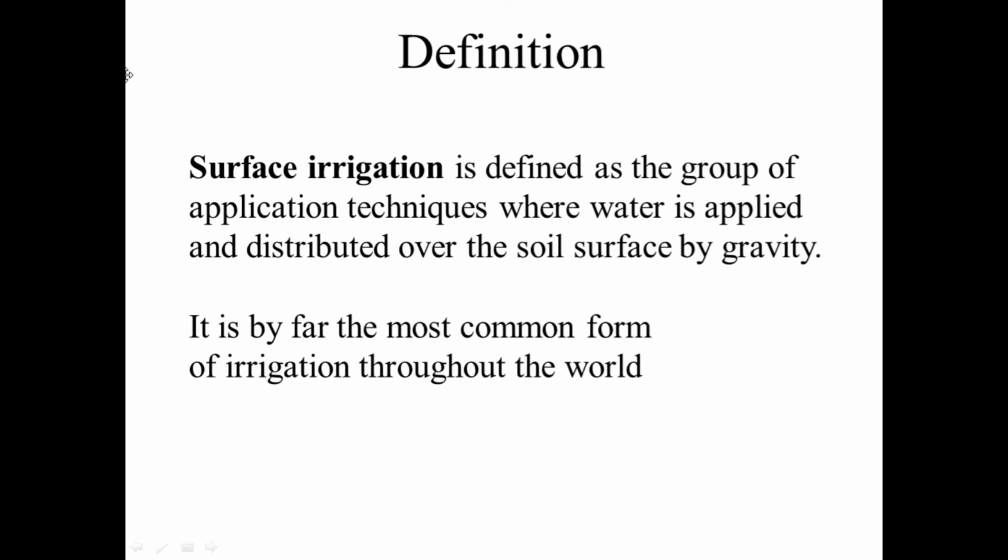In that, the wild flooding method is the earliest and primitive method of application of water to land. In this method, water is applied by spreading it over the land prior to cultivation.